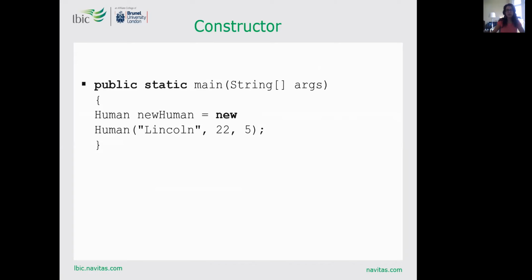Once the constructor is done and created a new object or new child, it returns the child to the caller to be saved to a variable for later use. In here, the caller is the main.